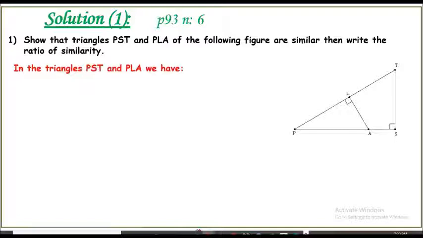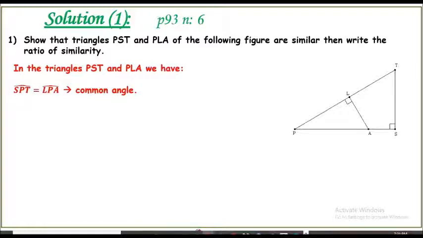In the two triangles PST and PLA we have to find two angles in triangle PLA which are equal to two angles in the triangle PST. Can you find one? Yes. At first, it is the angle SPT, which is equal to the angle LPA, which is a common angle. Obviously, the angle LPA is an angle in triangle LPA, and the angle TPS, which is the same angle as LPA, is an angle in triangle SPT.